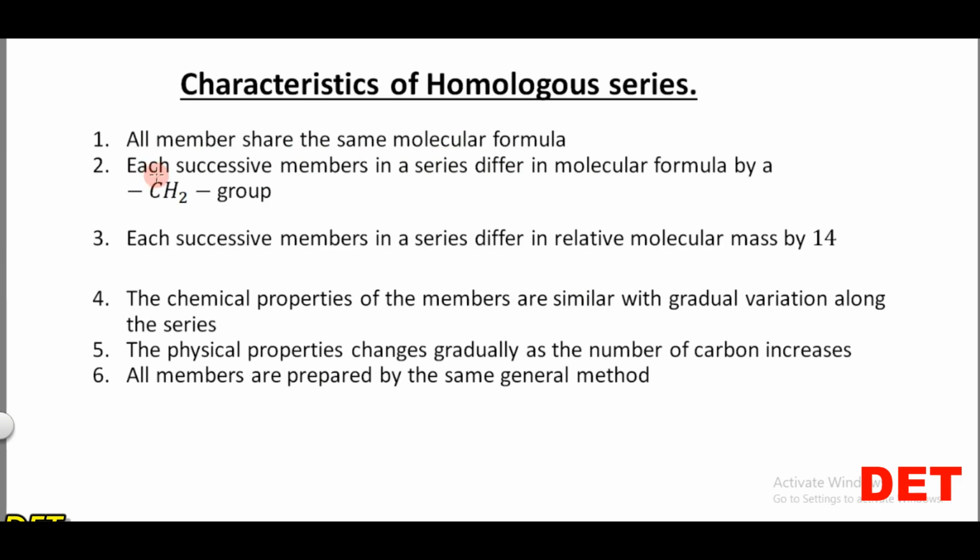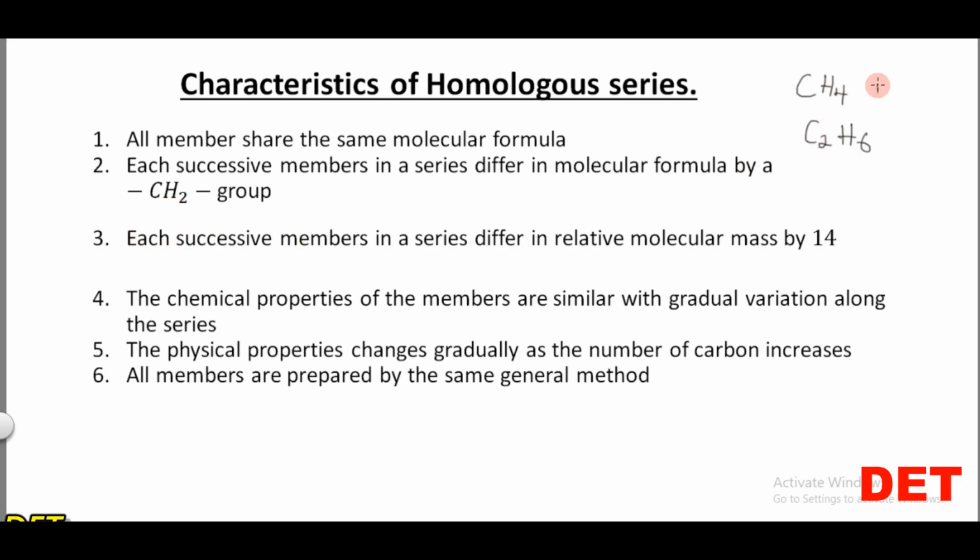Then number two characteristic is that each successive member differs in its molecular formula by a CH2 group. Each successive member in a particular series differs in molecular formula by a CH2 group. So the difference between methane, CH4, and ethane, which is C2H6, is a CH2 group.